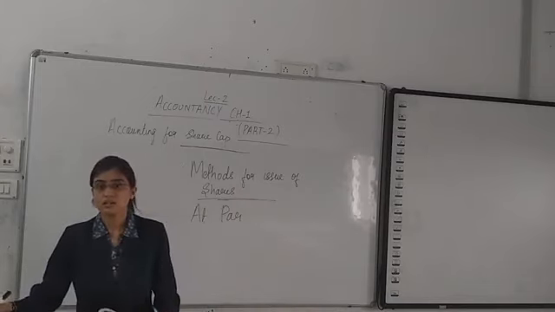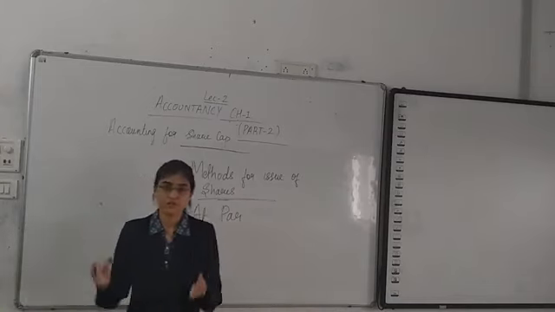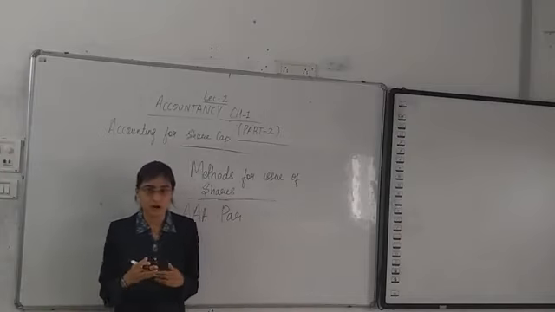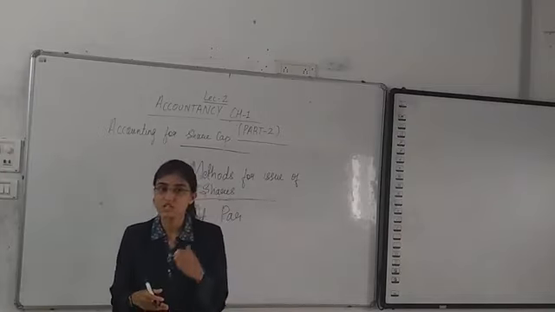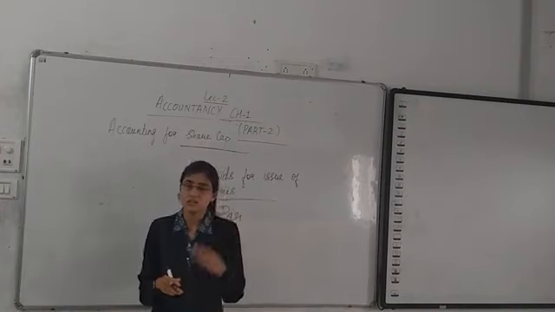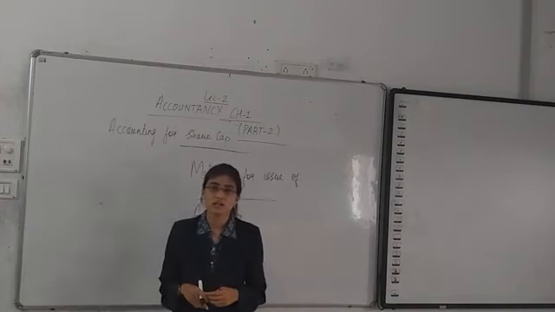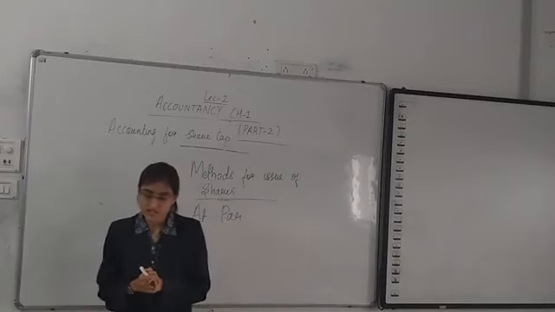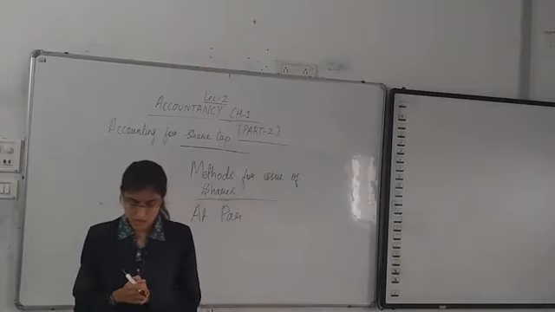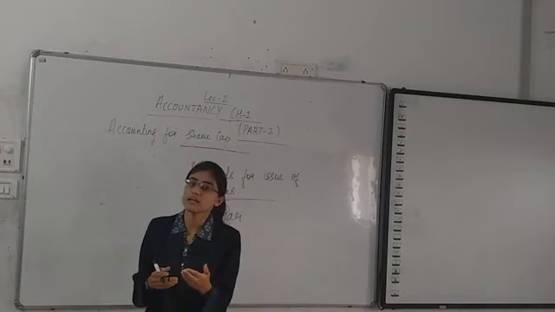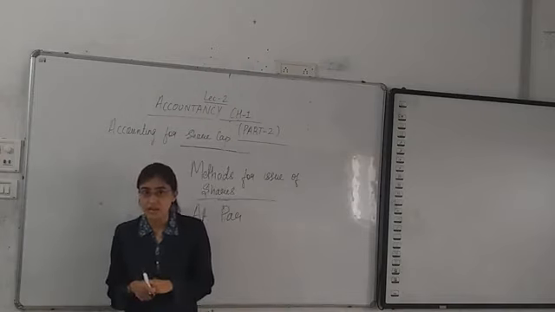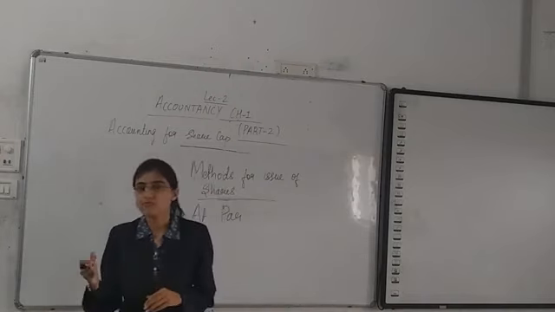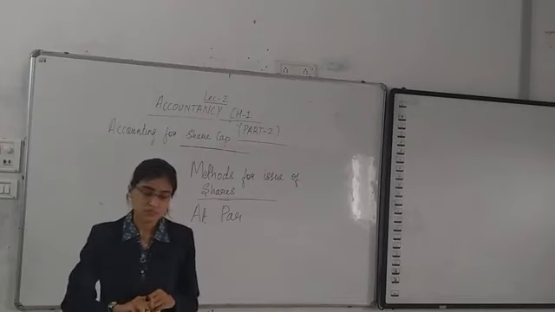Now, overall, there are 3 methods. The first one is issue at par, second is issue at premium, and third is issue at discount. Alright? So this is given on page number 9. I mean, actually the heading is given on page number 8 of your textbook, and further on 9.